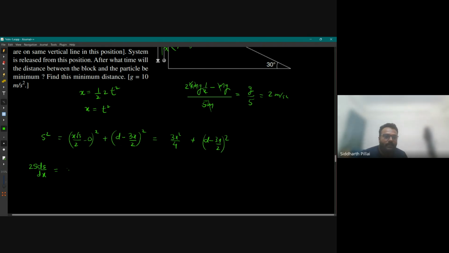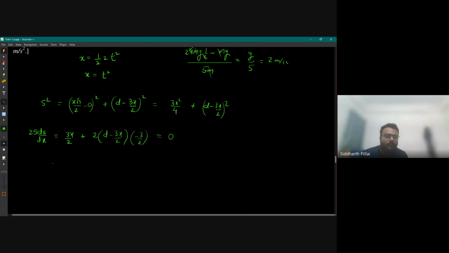So this derivative is 3x by 2 plus 2 into d minus 3x by 2 into minus 3 by 2. What is the derivative? Equate it to 0.